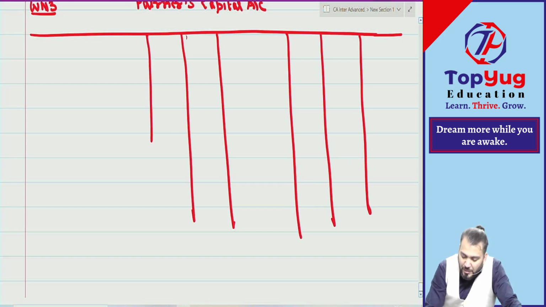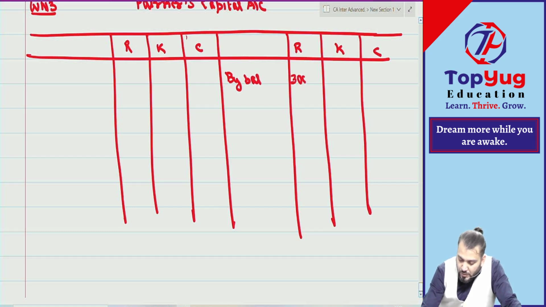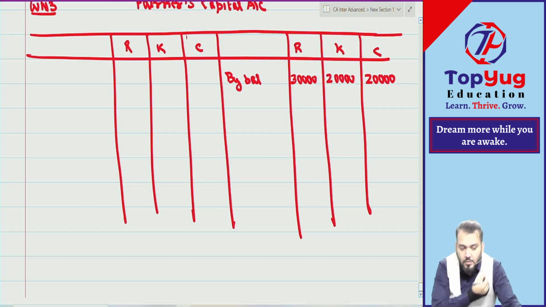Can I say the partners' capital account up to retirement we are doing? RKNC. RKNC. So what is the opening balance? 30,000, 20,000, 20,000. Correct.